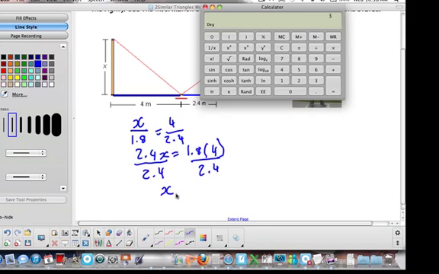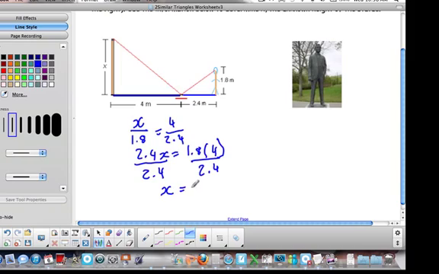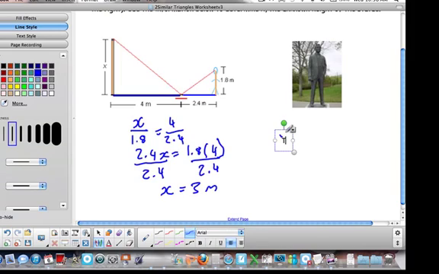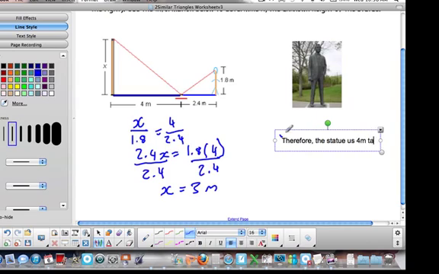So that equals 3. And the units here are meters. So therefore, the statue is 4 meters tall. Sorry, 3 meters tall.